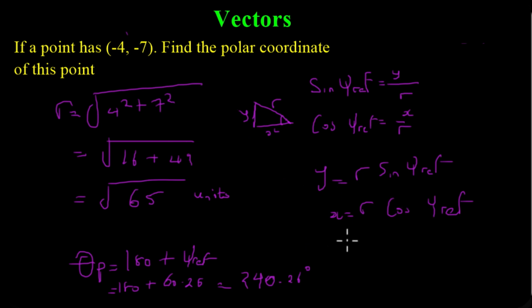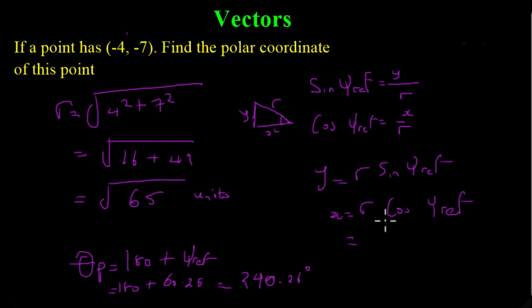So in your calculator, let's do that for the y value. My r value is root 65. So root 65, multiply by sine of 240.26.